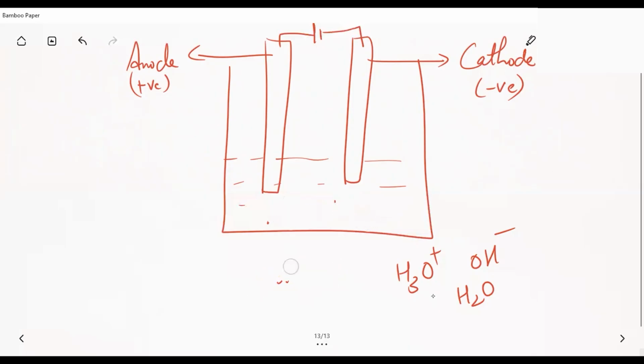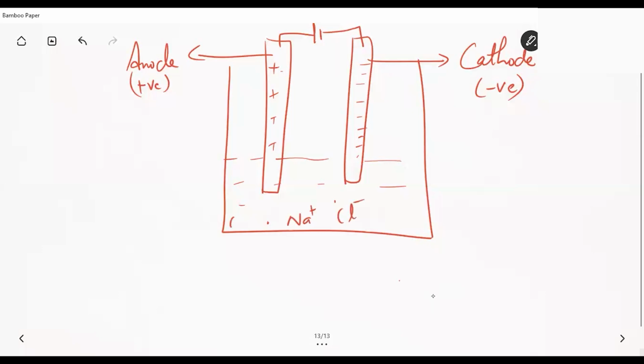Let us see here. We know the anode is positive, and this one is negative. Now see who will be coming here. Na plus ions are there, Cl minus are there, OH minus are there, then again water is here. So many ions will be there.